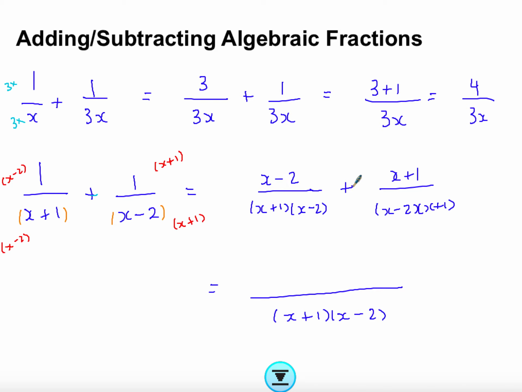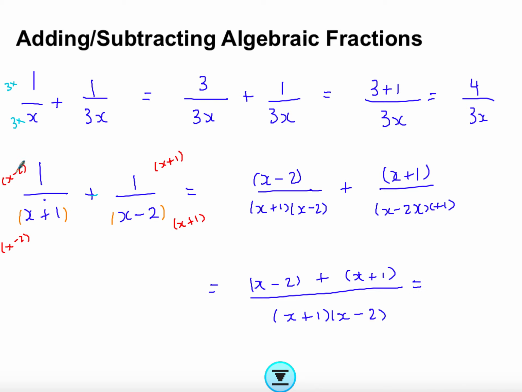Now, x minus 2 plus x plus 1. Remember, there's a bracket here, just in case you're confused what to do with this addition. So you have an x minus 2 plus an x plus 1. If this was a minus, then the minus has to spread out to each of these values. But in this case, it's not.